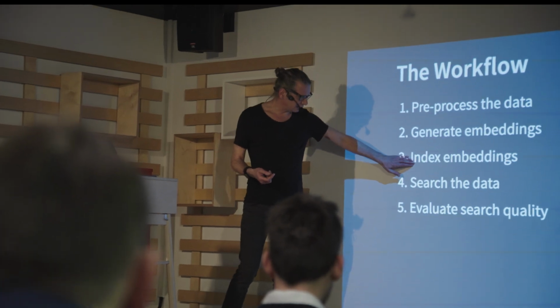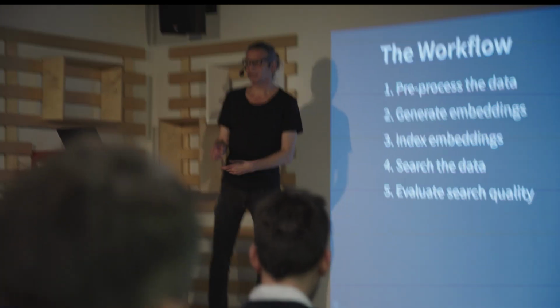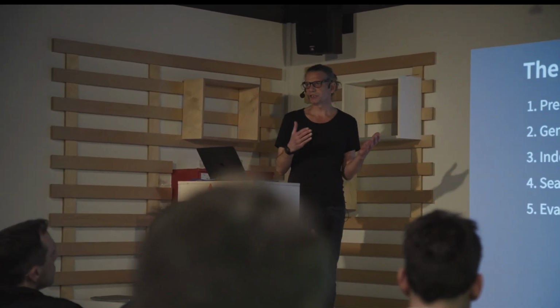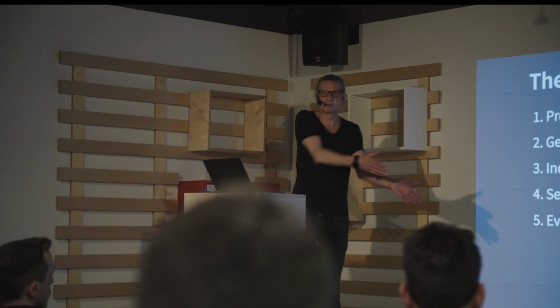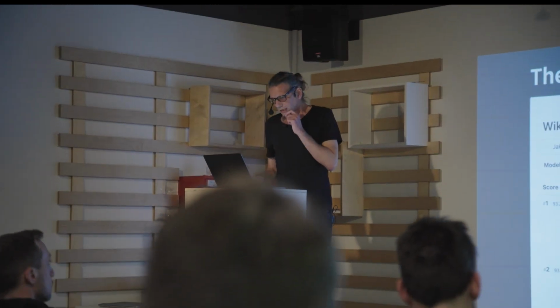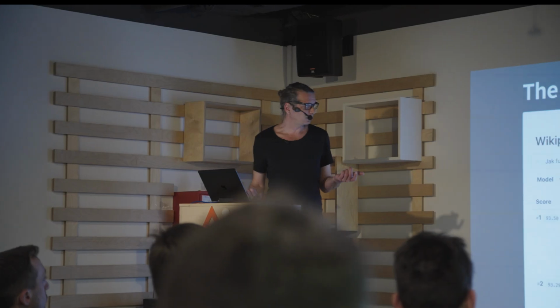We have to index these embeddings, search the data, and it would make sense to evaluate the search quality, to not just randomly look at a couple of results and say, hey, this is better. I feel like it's better, you know. The outcome should be something like this, a web application.